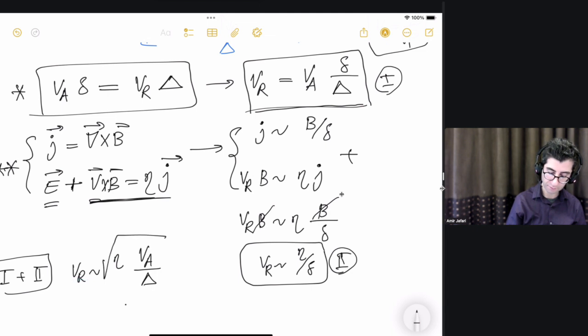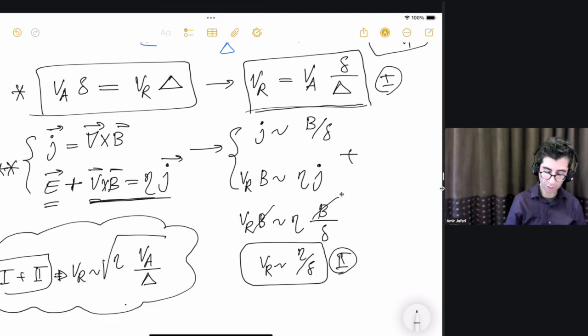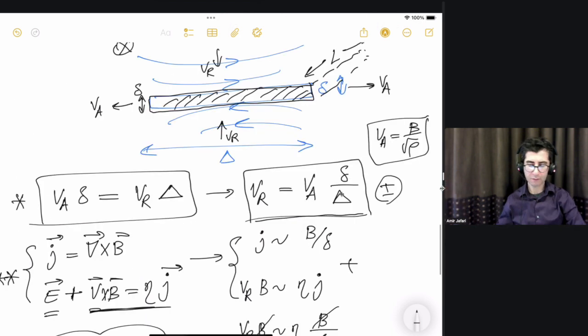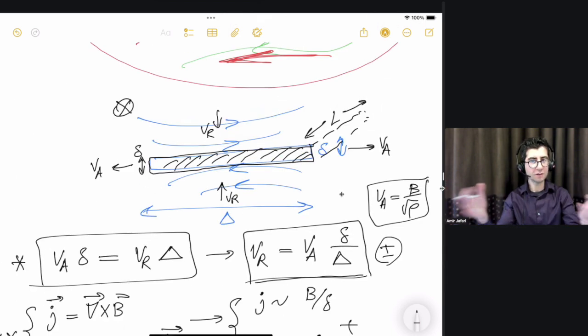Okay, so this is what you get for the reconnection speed. Eta, again, is resistivity, VA is the Alfvén velocity, capital delta is the length of the current sheet, or almost the reconnection zone, so it can be measured in practice.